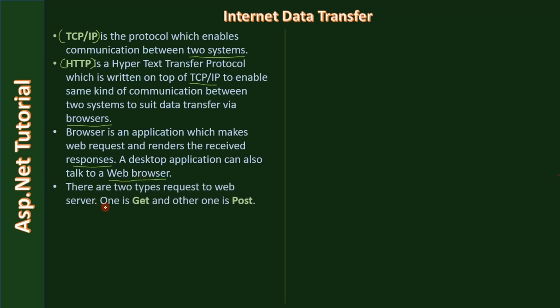There are two types of request to a web server. One is GET and another one is POST. There are other varieties also, but here two types means the two basic, or two important, types.